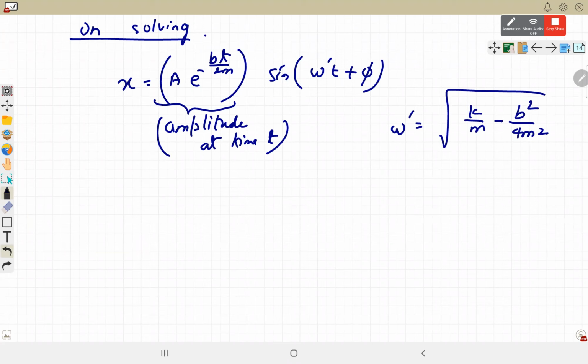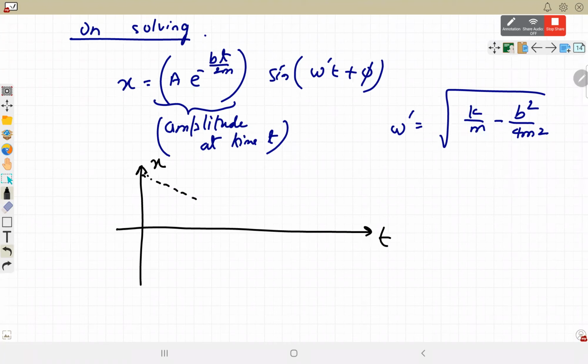Amplitude after time t. So equation, when we plot this on the graph, amplitude will be exponentially decaying. So the amplitude of this function will lie between this; इसको हम बोलते हैं envelope of the graph.